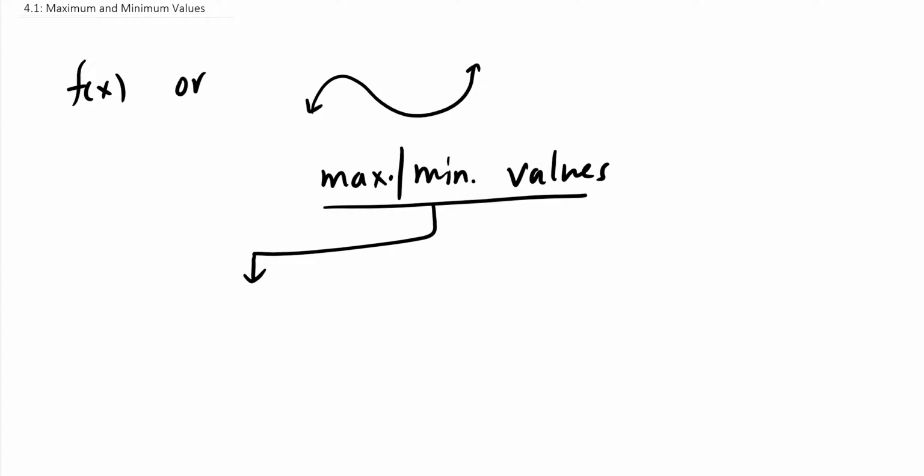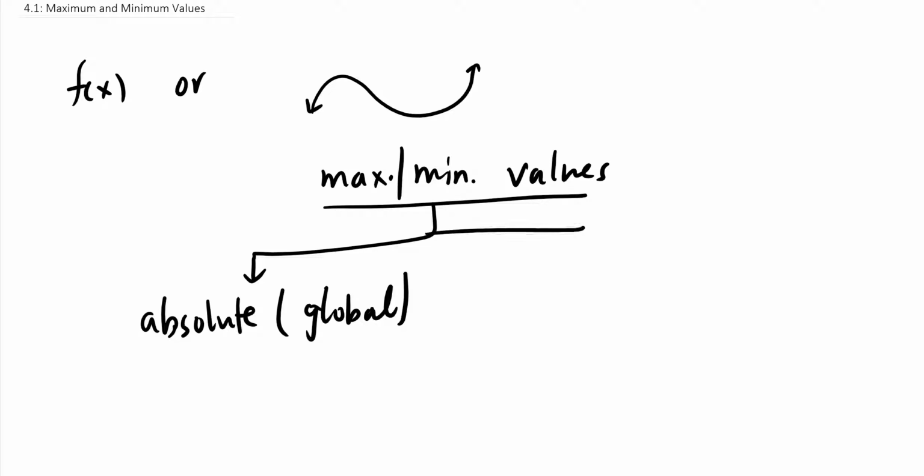One is called absolute, and some people call it global. We're going to be using absolute, just in case you come across it, another name for it is global. So absolute min or max, and then we have local, or some people call it relative. Two different kinds of min and max we're going to see.